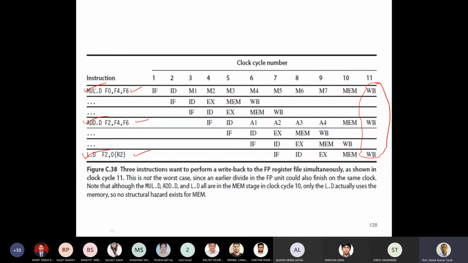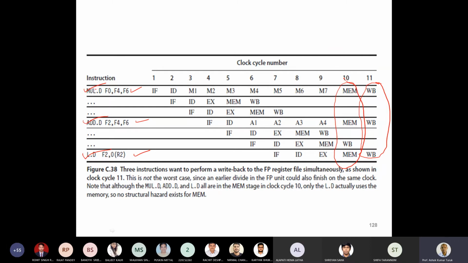Look at clock cycle 10. In this figure, in clock cycle 10, there is no problem. The floating point multiplier is in the memory stage, add is also in the memory stage, and the load is also in the memory stage, but it is not a problem.